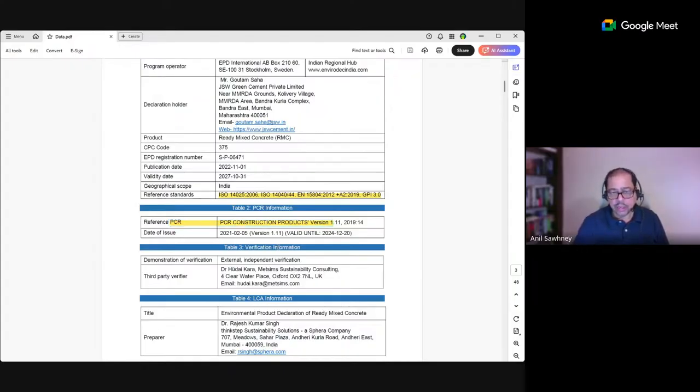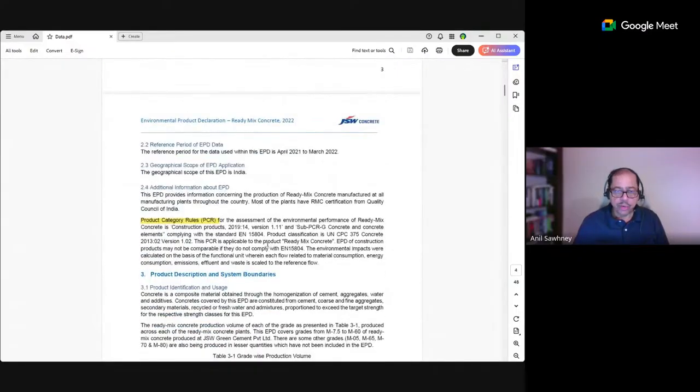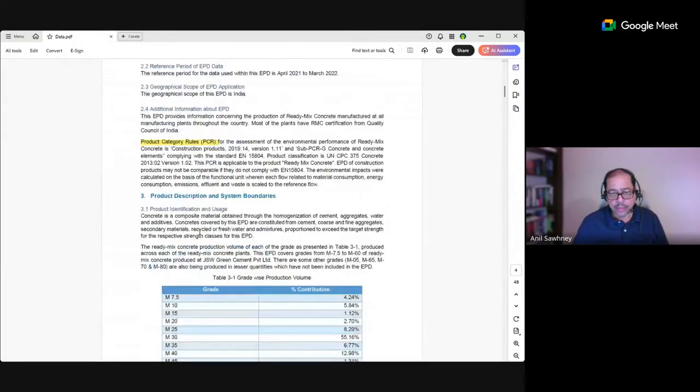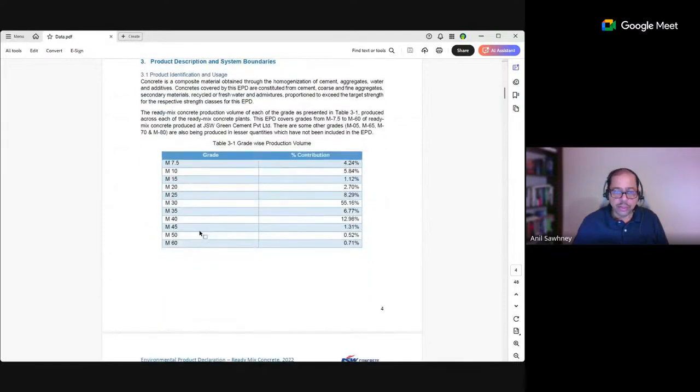So that PCR, reference PCR, is crucial. The product category rules used for this are for ready mix concrete, which is good. And this particular EPD will cover M7.5 to M60 grade concrete.